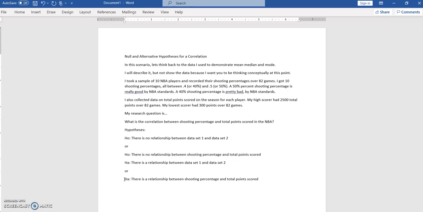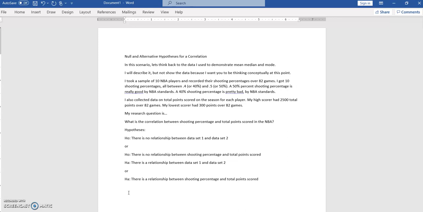When we run this correlation procedure, which is a statistical procedure, and we put all the numbers into the formulas and we let Excel do the work, and it cranks out a correlation coefficient, we decide that, okay, based on this correlation coefficient, there's some kind of mathematical relationship between shooting percentage and total points scored. And so, if such a relationship were evident, we might conclude that, yes, if you shoot a higher percentage, chances are you're going to score more points.